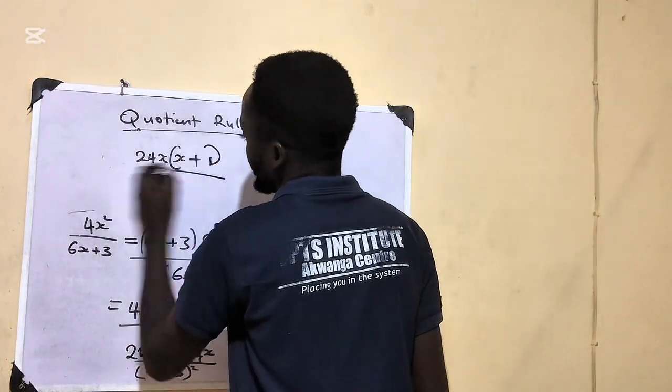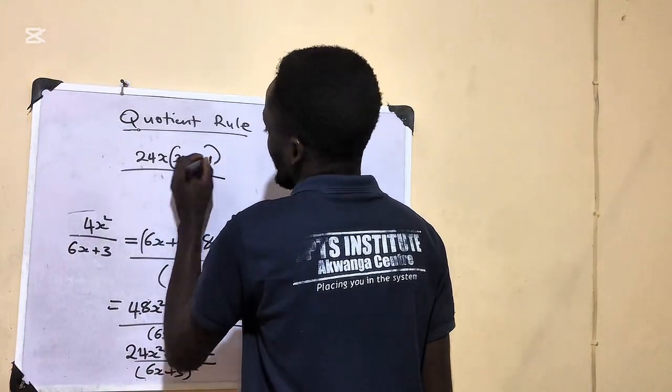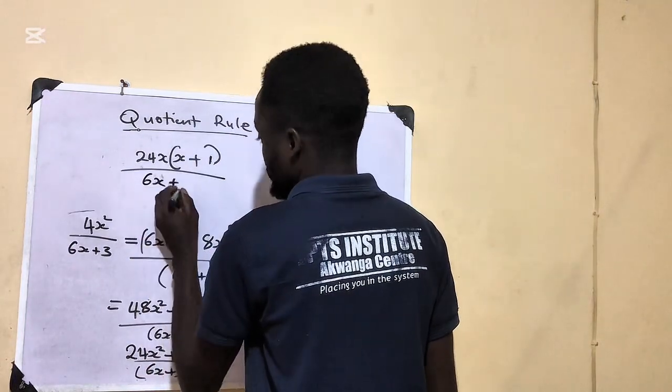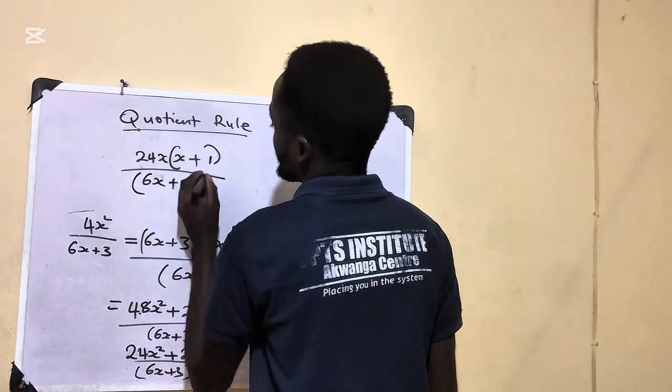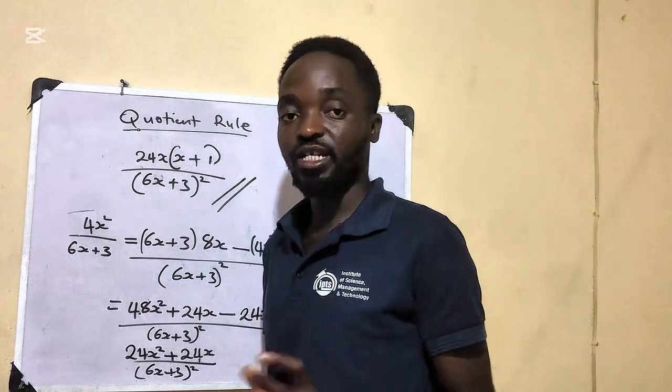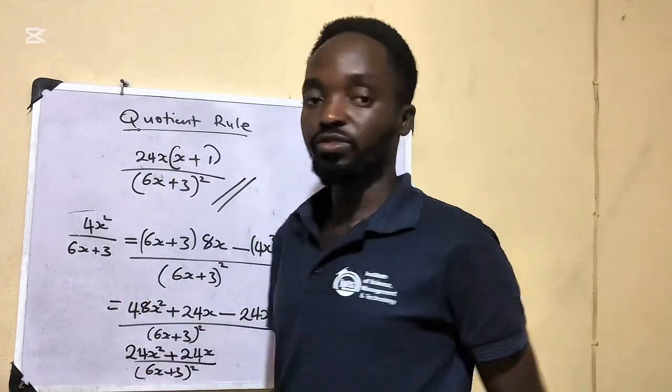So everything is divided by 6x plus 3 squared. So this is the final answer, and that's how I carry out quotient rule differentiation.